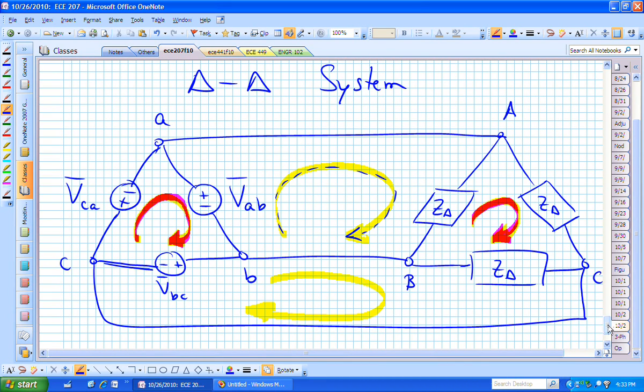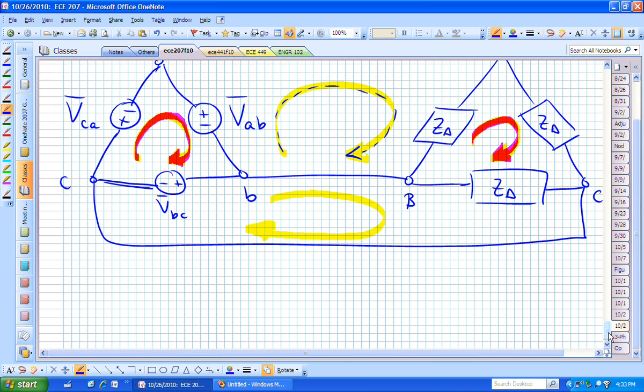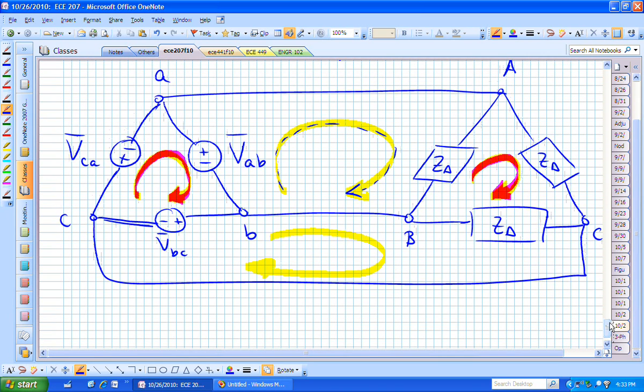So in this particular configuration, what becomes more interesting maybe might be these particular currents. The phase currents in the load, I sub AB, I sub BC, and I sub CA. Those might become more of interest.